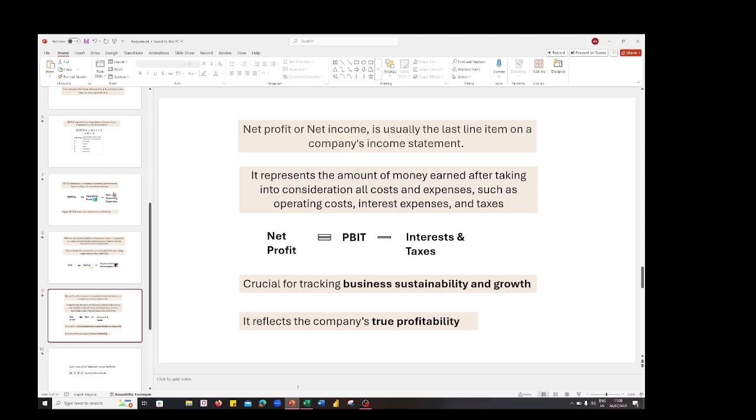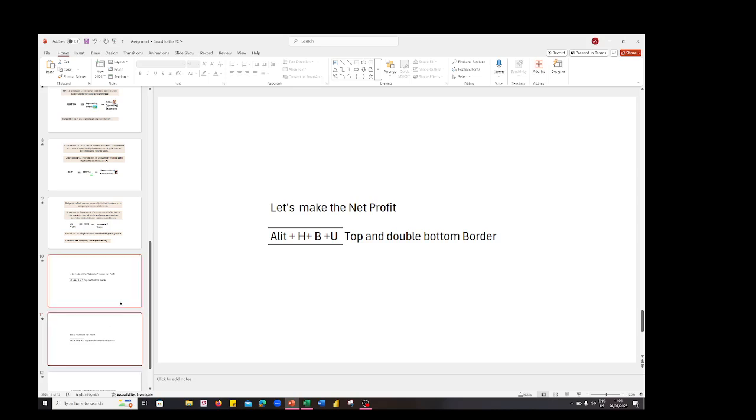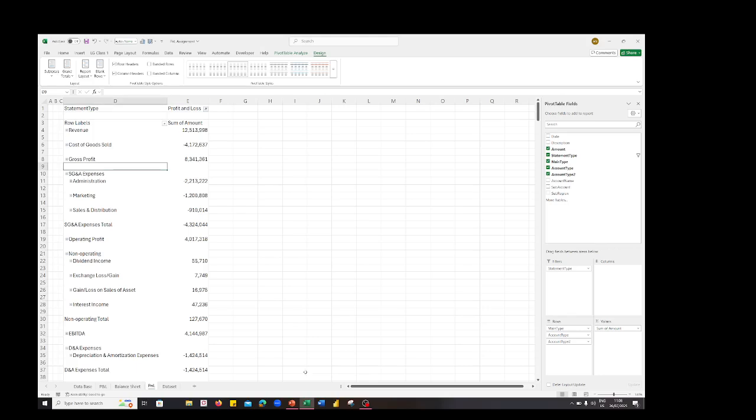From our guide here, I have some guide that I've done. All our subtotals except net profit should have a top and bottom border. So if you want to put a top and bottom border on your subtotal, except this one.